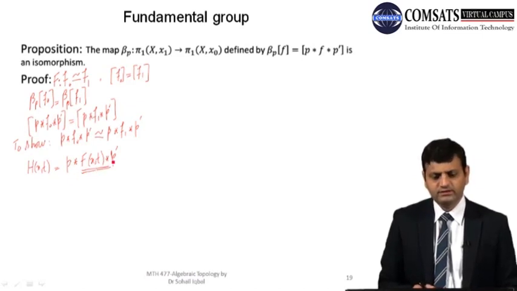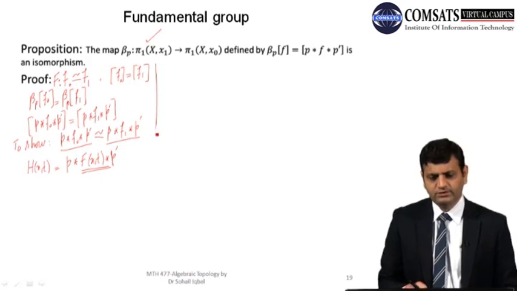So p and p prime are continuous, F of x, t is continuous, so this function H of x, t is continuous, and for t equal to 0 we are getting this, and for t equal to 1 we are getting this. So basically we can see that p star f0 star p prime is homotopic to p star f1 star p prime. So this function is well defined.